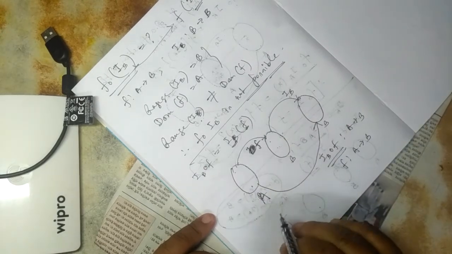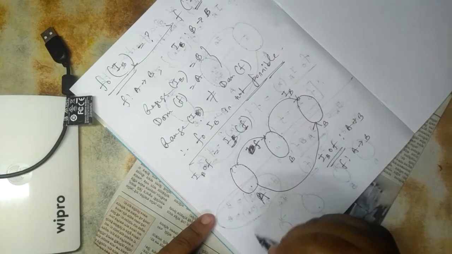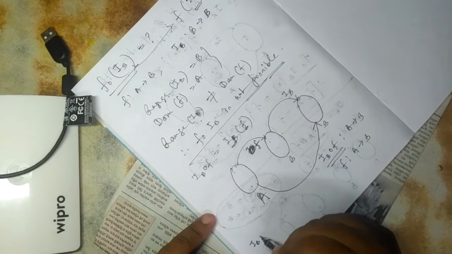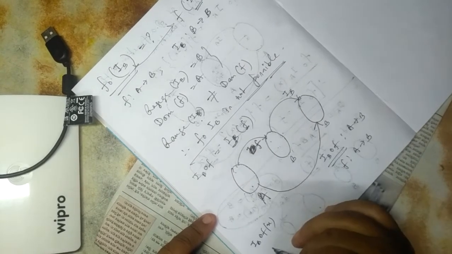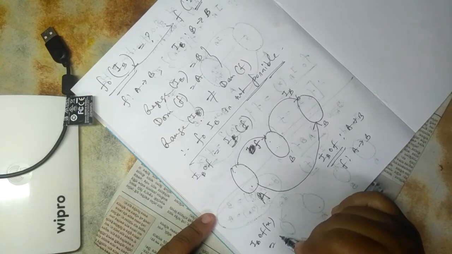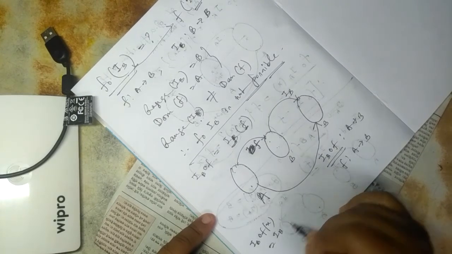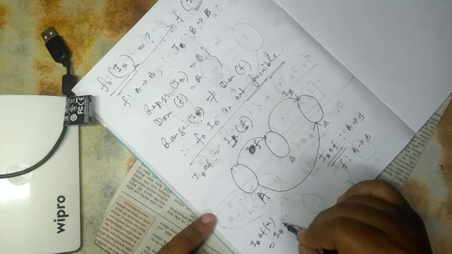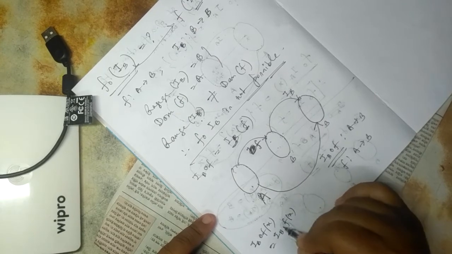Now what is the meaning of IB of F? IB of F of x is equal to IB of F(x).